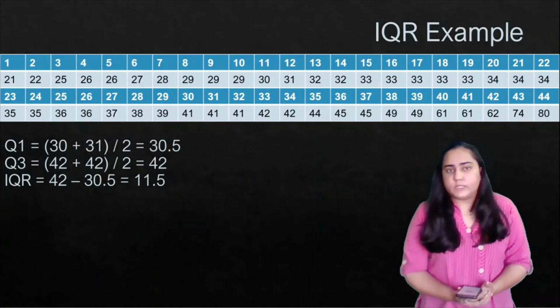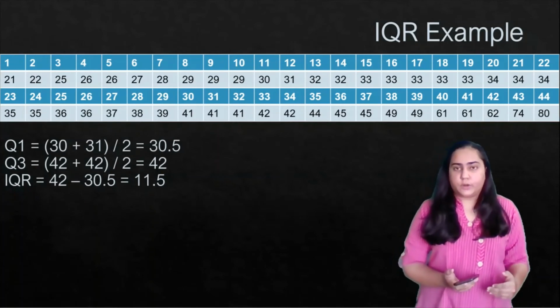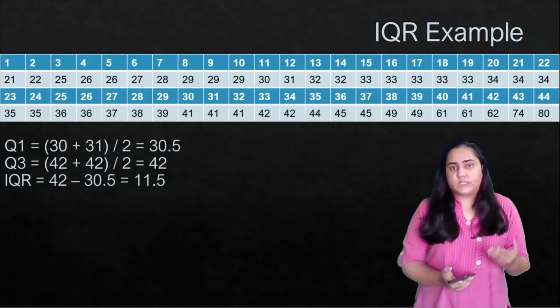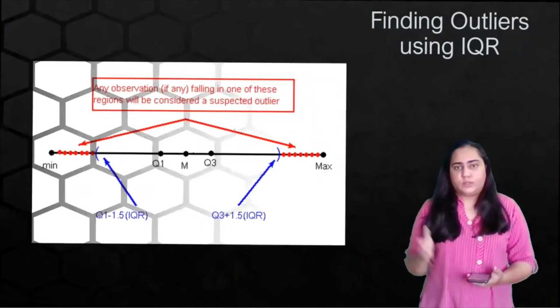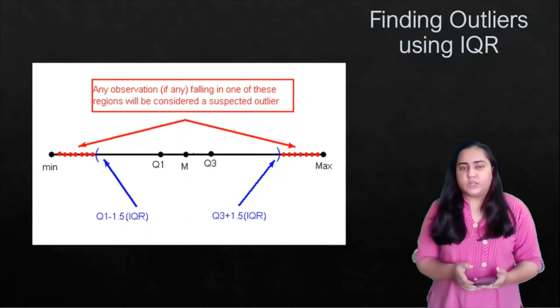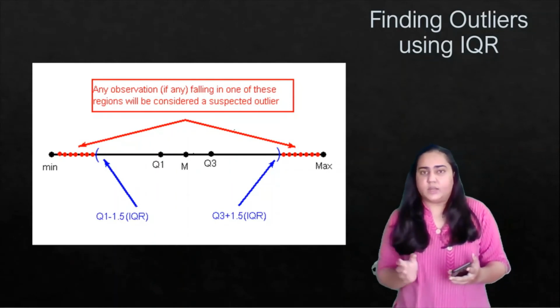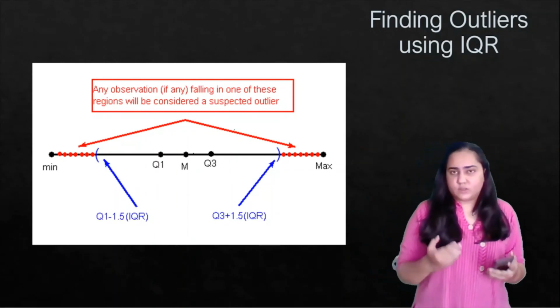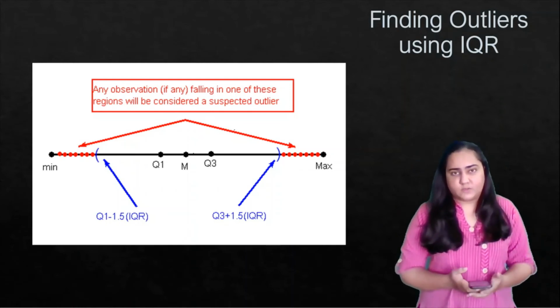Once you have calculated these quartiles, Q1, Q3, and IQR, this will help you to detect outliers in your dataset, which can be done in this manner. This diagram that you see here is showing you what exactly an outlier is. We saw already what an outlier is when we studied histograms in one of the previous videos.